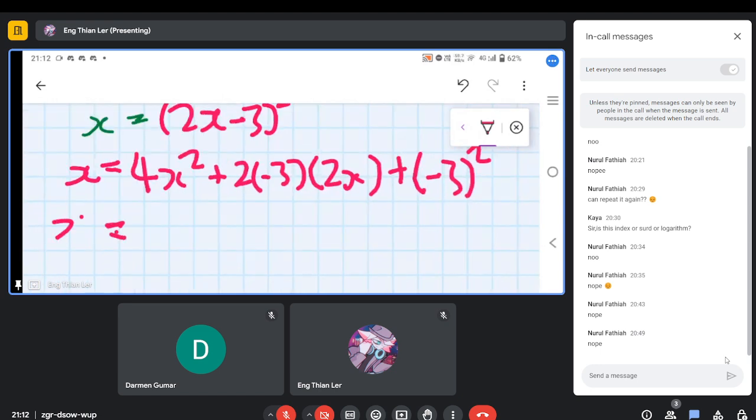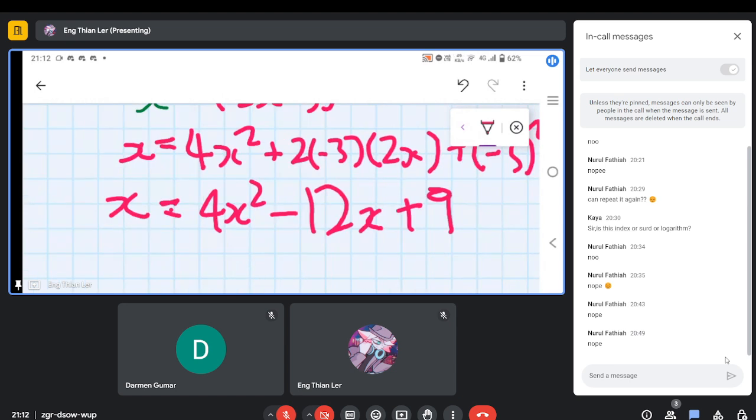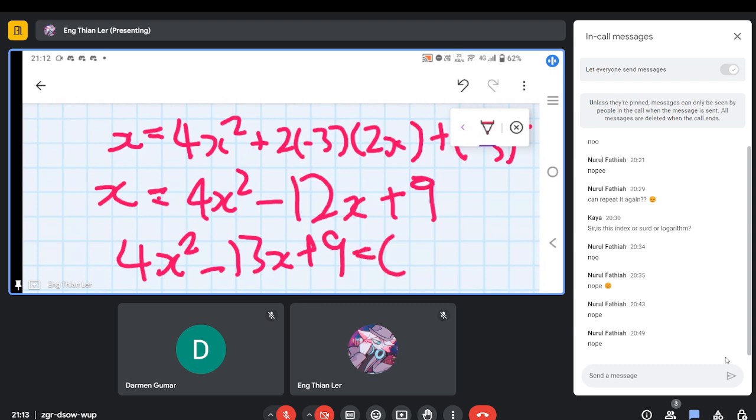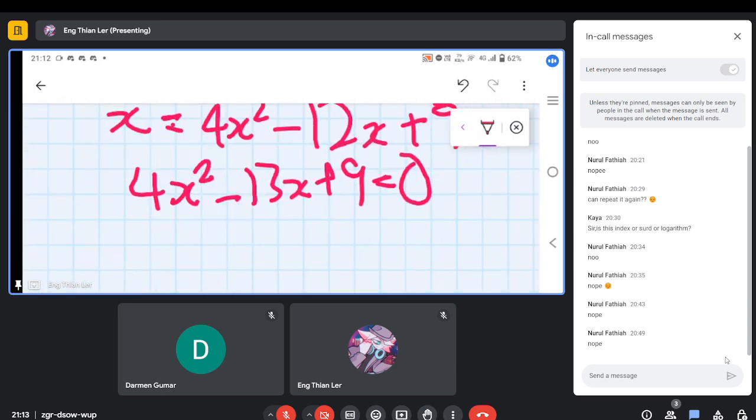So x equals 4x squared, the 2 multiplied by negative 3 multiplied by 2 gives minus 12x, plus 9. This is a quadratic equation, and we need to write it in general form, meaning we let one side equal 0. So 4x squared minus 13x plus 9 equal to 0.